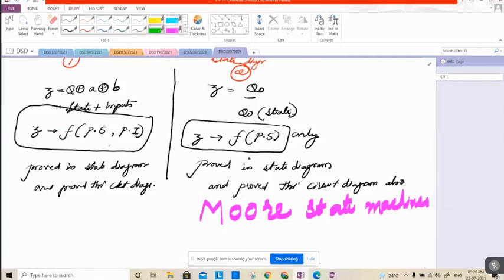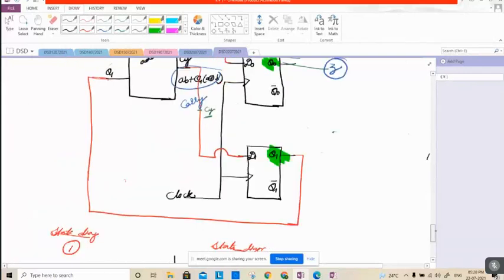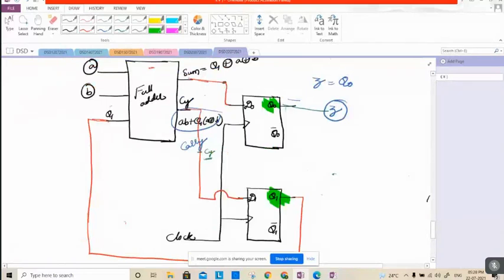And circuits which are of this kind are called Mealy state machines. And what is this? Is this a Mealy state machine or a Moore state machine? This is a Moore state machine.